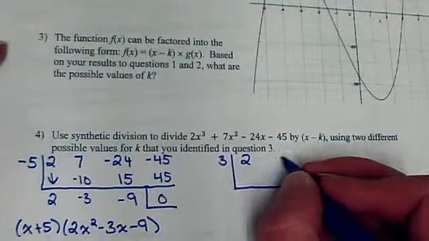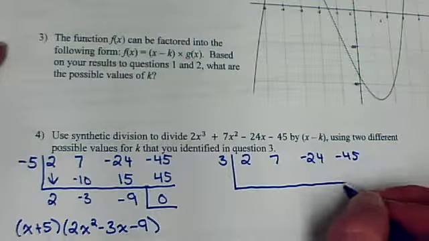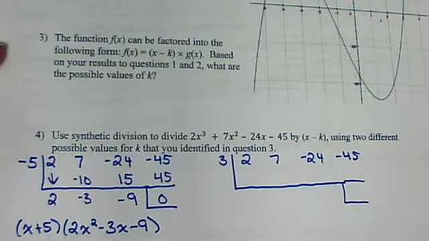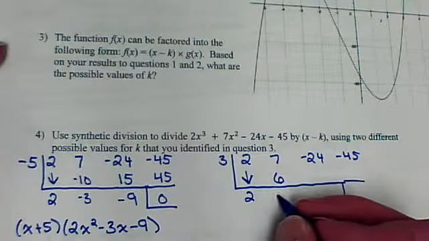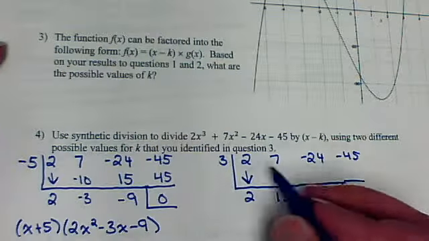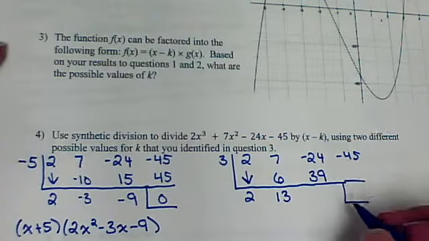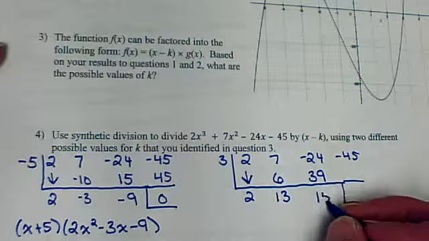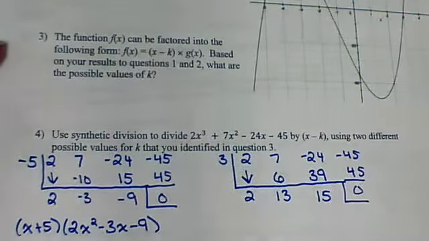Okay, 2, 7, -24, -45. Bring down the 2. 2 times 3 is 6. 7 plus 6 is 13. 13 times 3 is 39. 39 plus -24 is going to give me 15. 15 times 3 is 45. And we also get a remainder of 0.